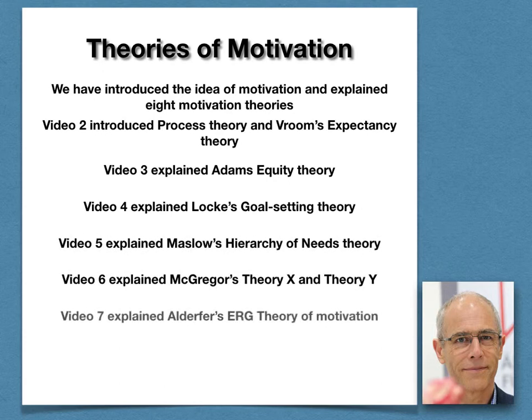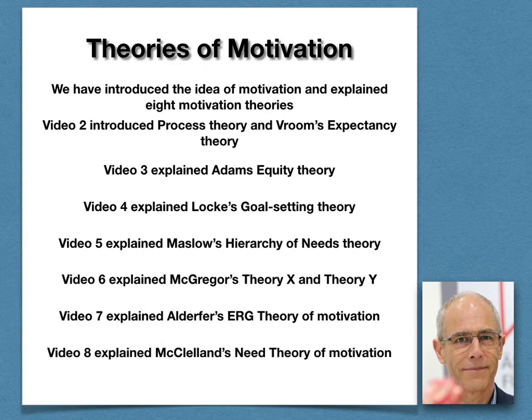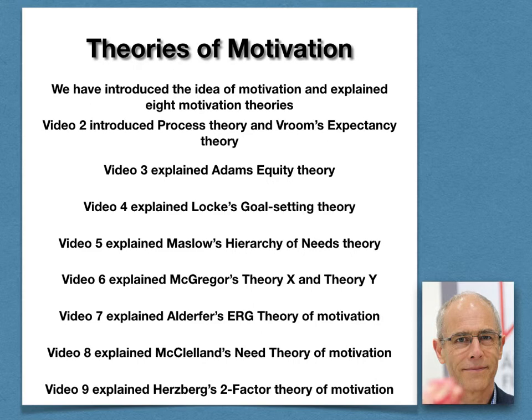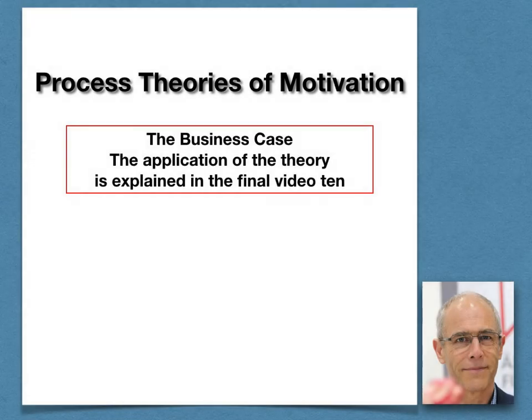These process theories were followed by the content theories: Maslow's hierarchy of needs theory, McGregor's theory X and theory Y, Alderfer's ERG theory, McClelland's need theory, and Herzberg's two-factor theory. We will now complete the series with a final video number 10 that brings the theories into practical application. The final video in this series discusses the application of the theories in the workplace.